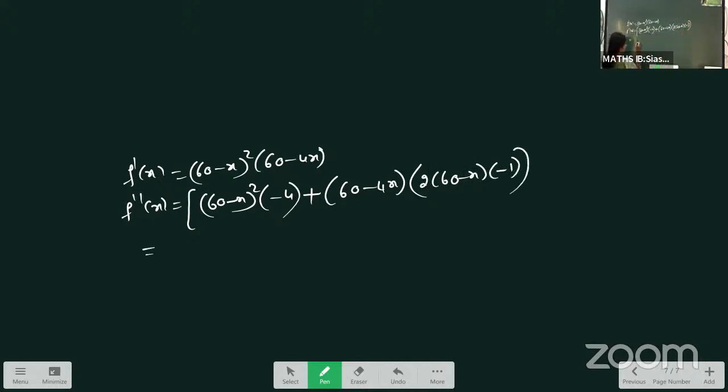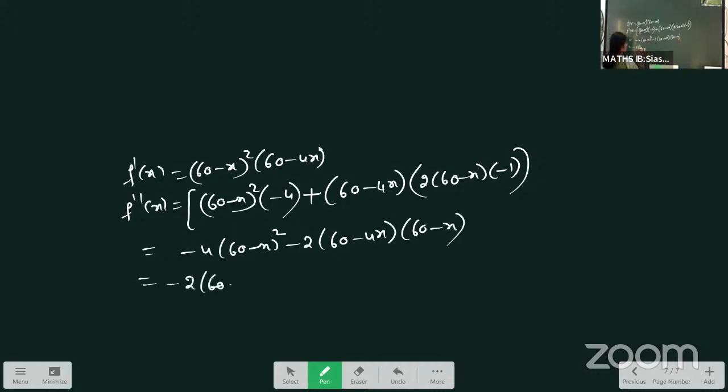Now, minus 4 into (60 minus x) whole square minus 2 into (60 minus 4x) into (60 minus x). Is there anything common in both of them? Minus 2 into (60 minus x) is common.